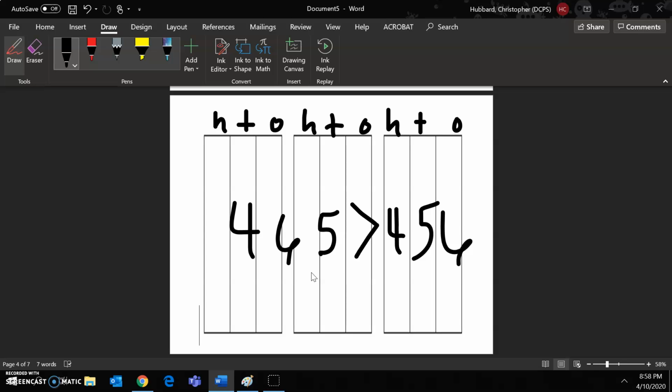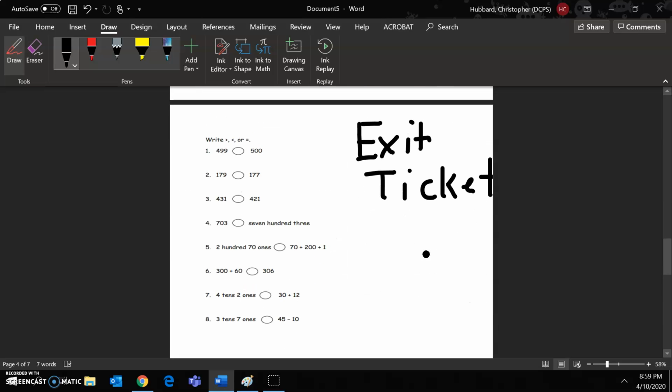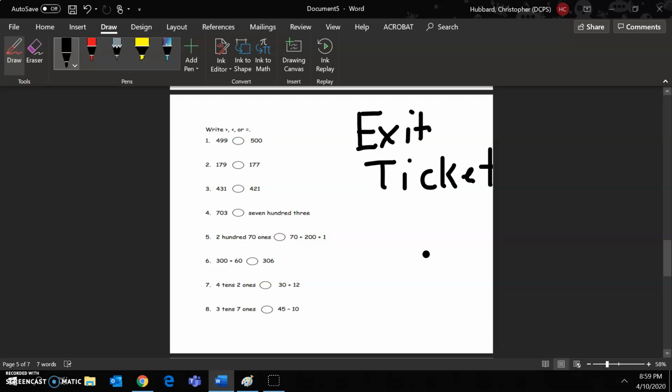How did we know that 465 was greater than 456? Wonderful. We looked at the tens because both numbers have 4 in the hundreds place, so that was the same. But 465 has 6 tens and 456 only has 5 tens, so 465 has to be greater. So to read this sentence, 465 is greater than 456.